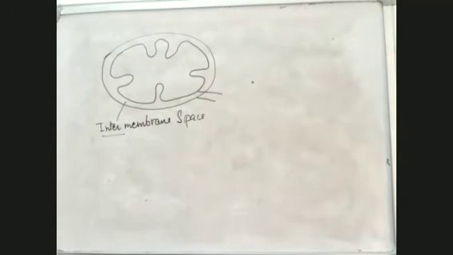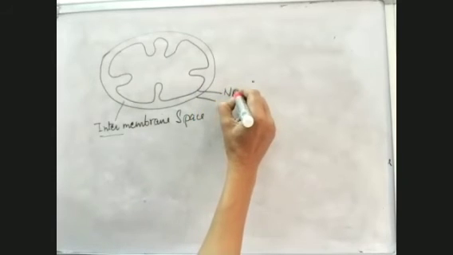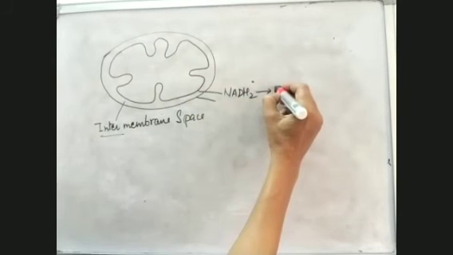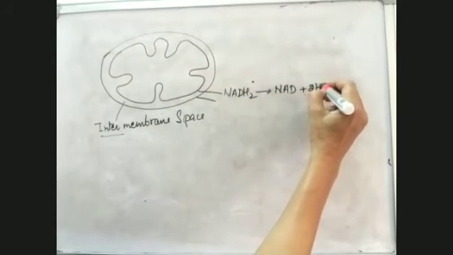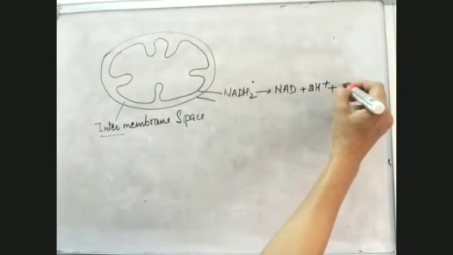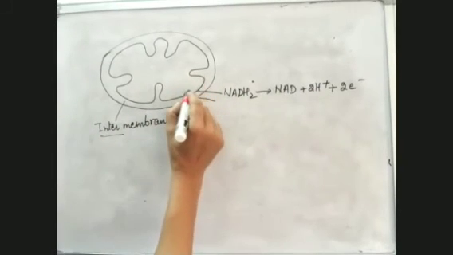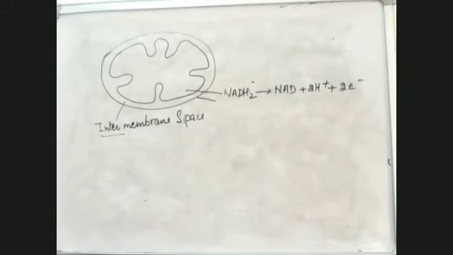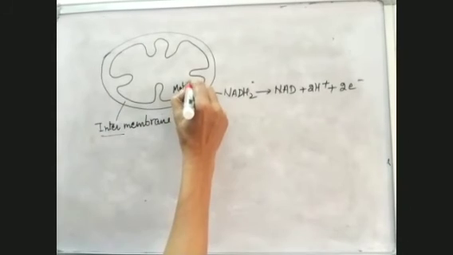NADH2 gets broken down to form NAD plus, hydrogen ion plus electrons. No, this is not here, this takes place in the matrix.